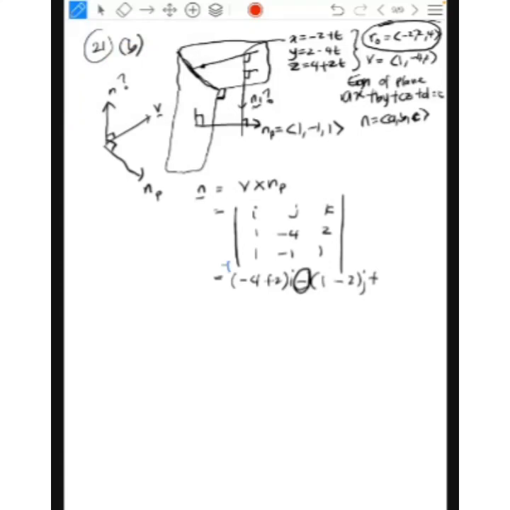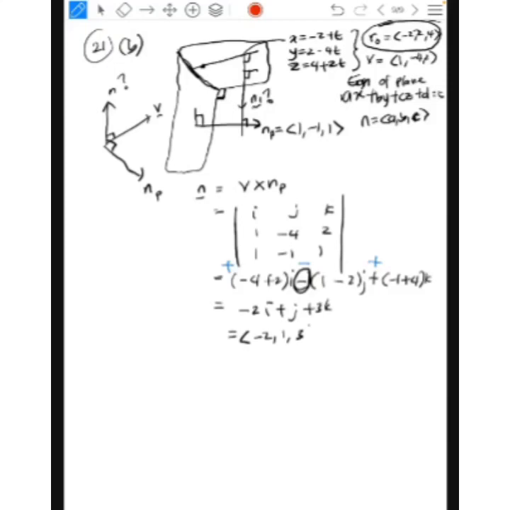This is the formula for Cramer's rule actually, and the cross product uses Cramer's rule. And then the z is negative 1 minus plus 4k. Okay, then we'll have negative 2i plus j plus 3k, which is negative 2, 1, 3.